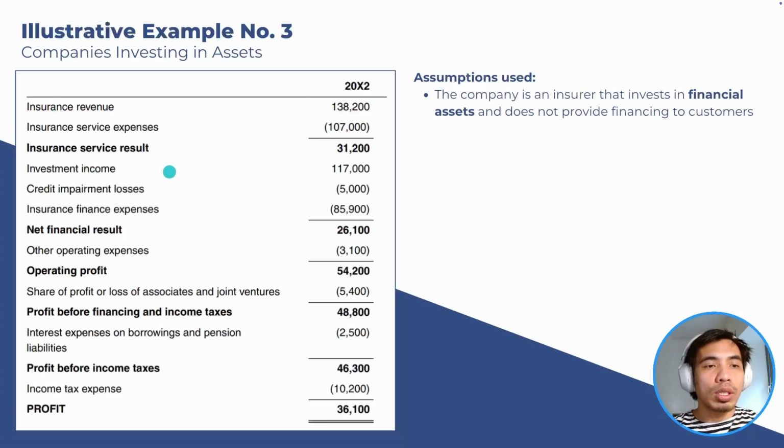So here you just see that the investment income is in the operating category instead of in the section of the investing category, before the profit before financing and income taxes. You see here the share of profit or loss of associates or joint ventures, 5.4 thousand. This is assuming that we are using the equity method, because under the equity method it's always an investing activity, as you remember from the previous discussion.